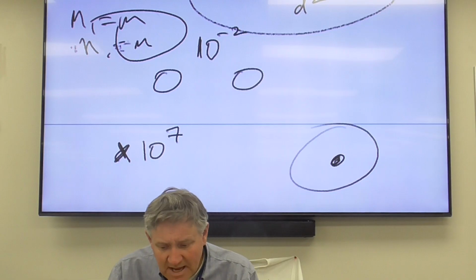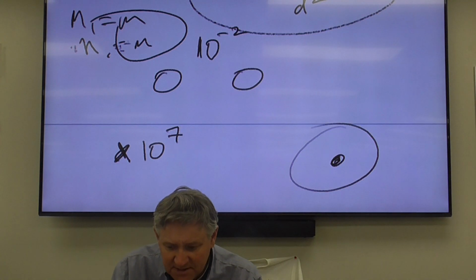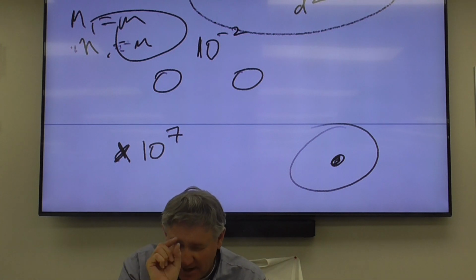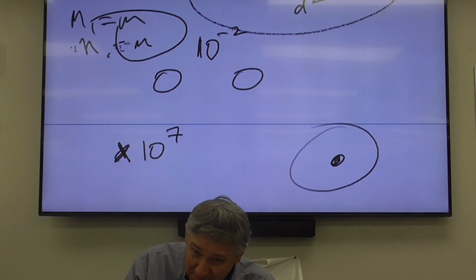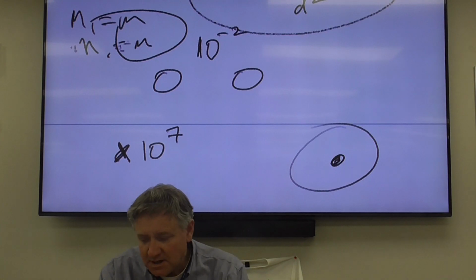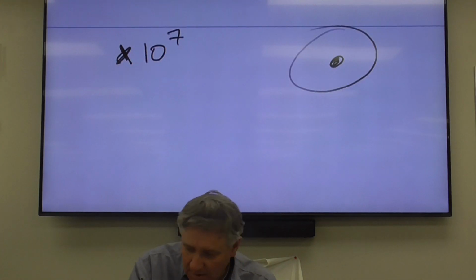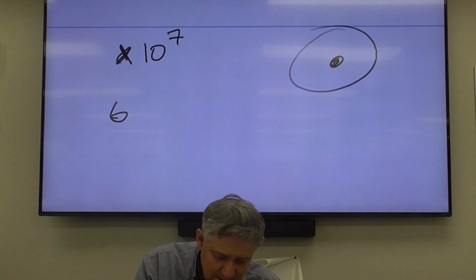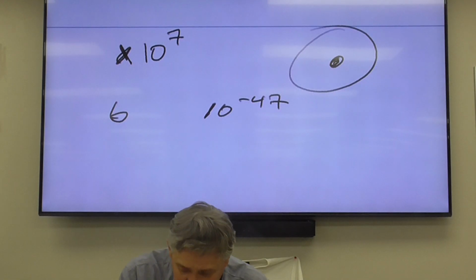So the first thing on number 6, you're going to calculate the gravitational attraction between a proton and an electron separated by 5.3 times 10 to the negative 11th, which is really small. So that first answer on A is going to be something times 10 to the negative 47th. It's going to be a really small number.